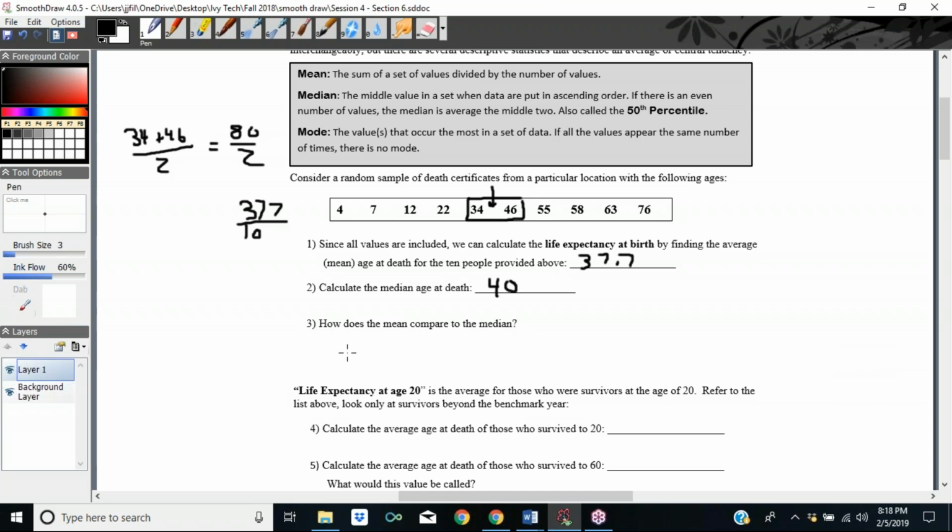Yeah, something like that. Something with that type of terminology in there would be good.